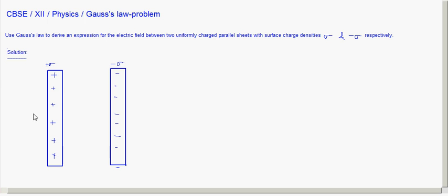So we will consider two uniformly charged parallel sheets carrying charge densities plus sigma and minus sigma. We need to find out the electric field somewhere between the two plates. So let us say we want to find out the electric field at point P, which is in between the two sheets.